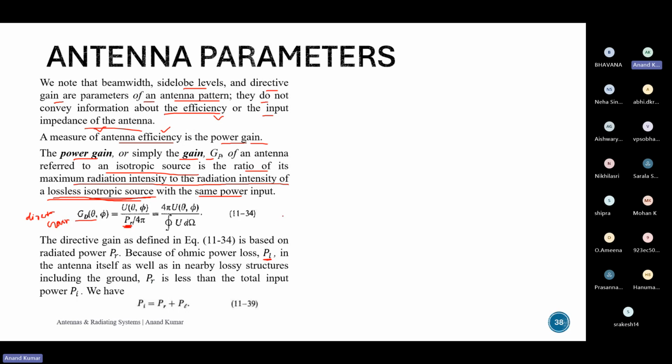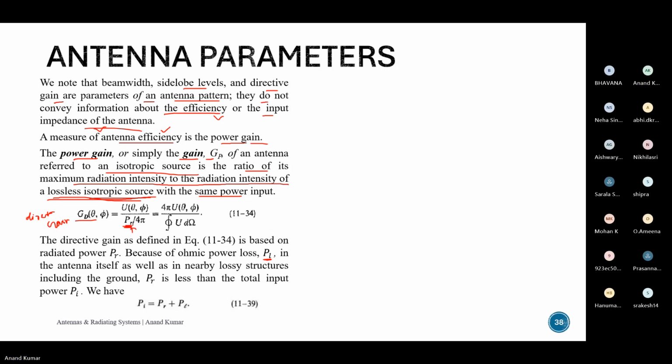The gain would be based on the amount of power which you put into the antenna. So what we do is we replace the radiated power with the incident power, and then we get the power gain.